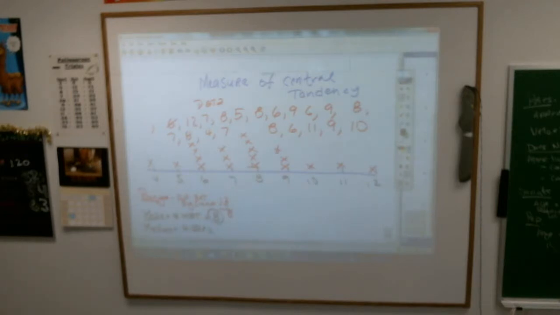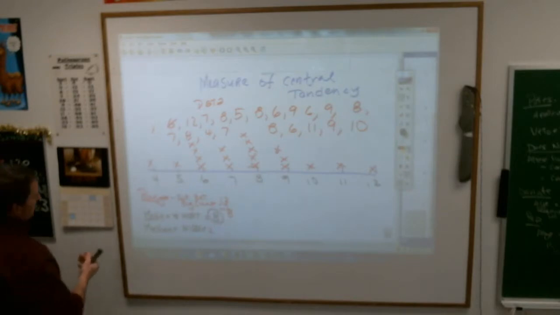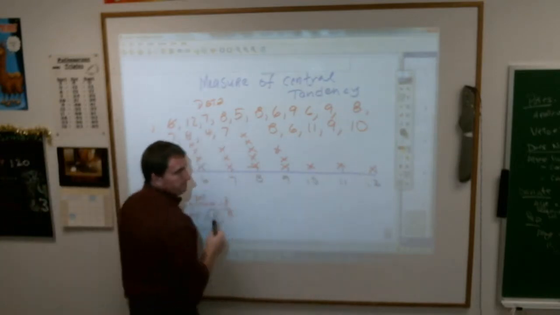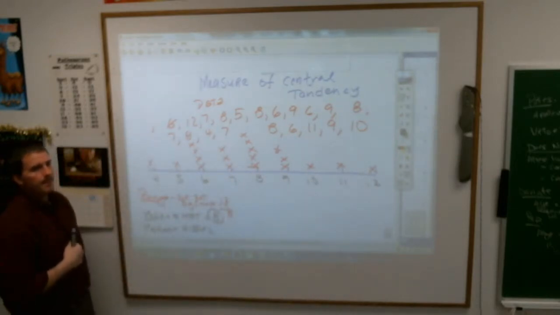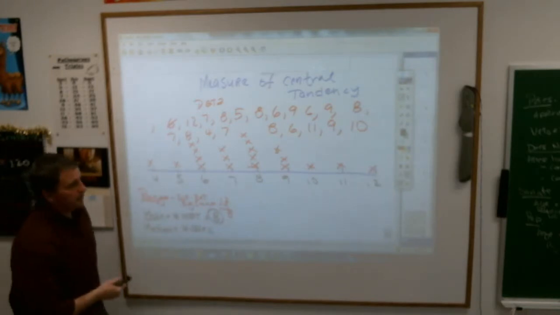Alex? You arrange them in order, which I've already done, by the way. And then you start at opposite ends and cross off going each way? That's one way to do it.